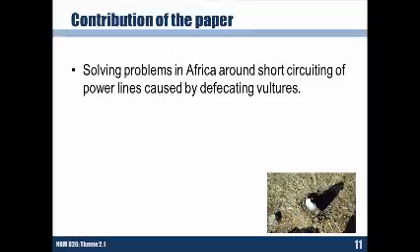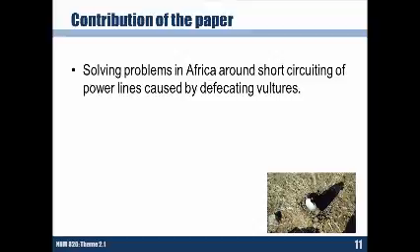Because people were realizing that vultures were being electrocuted on those high power lines, but they couldn't figure out why, because the lines were far enough away that even if the vultures opened their wings, they would not be able to touch the wires and make a circuit.